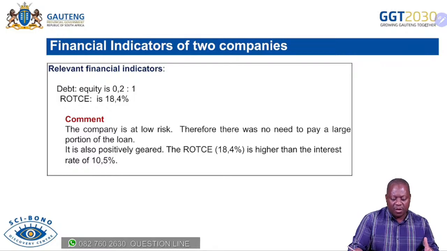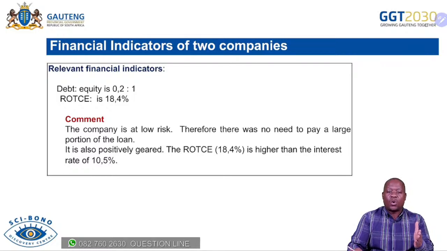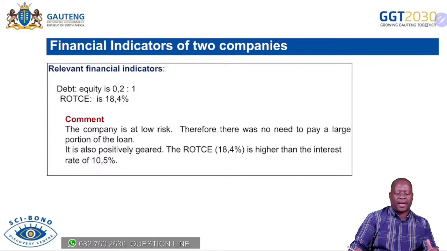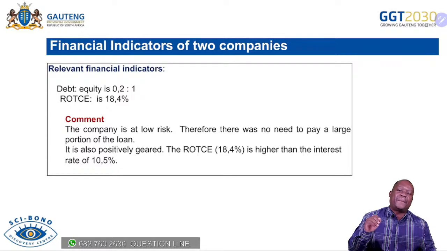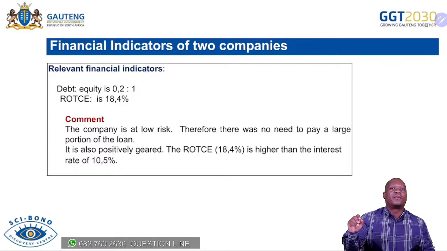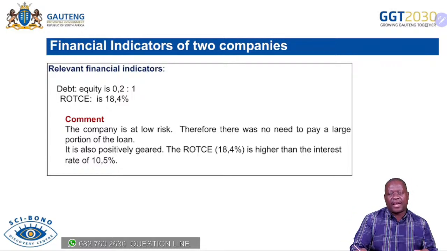In this case, we were looking into how far is the risk in this company, right? And we are using the 2 indicators when we are looking at the degree of risk, which are the debt equity ratio and the return on total capital employed. Now, please check something for me here.